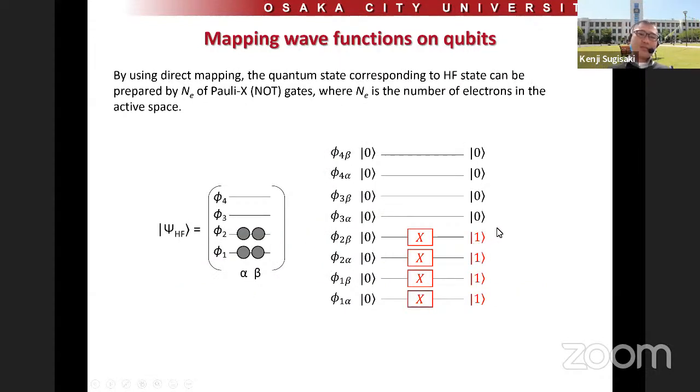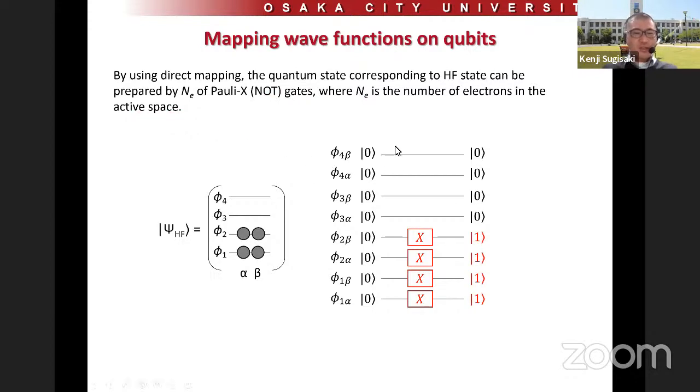By using this direct mapping, the Hartree-Fock wave function can be prepared by N_e Pauli X or NOT gates, where N_e is the number of electrons in the active space.